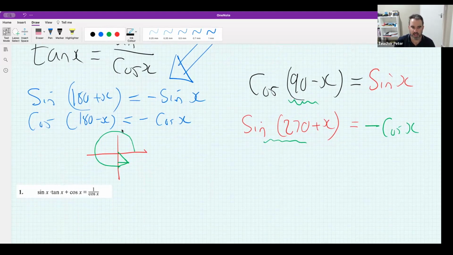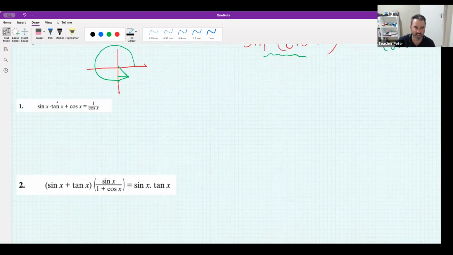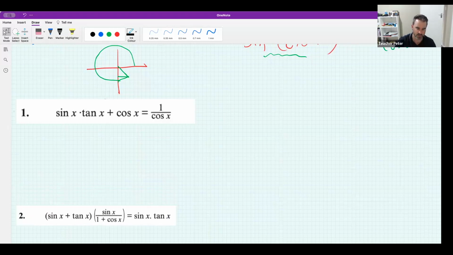All right, so let's go to the main focus of today, which are proving questions like this one. I think we actually covered this in the last lesson, but let's just start with it to refresh. So how do these questions work? Well, you have to prove that this is equal to this. The common technique is to choose the harder side.